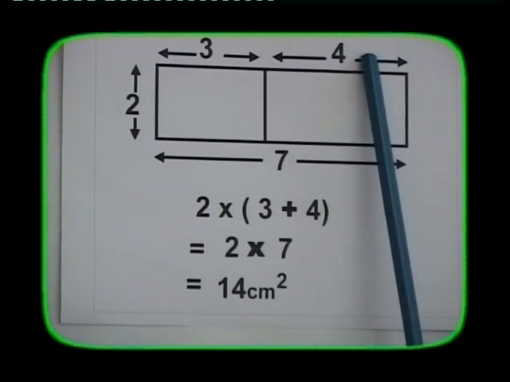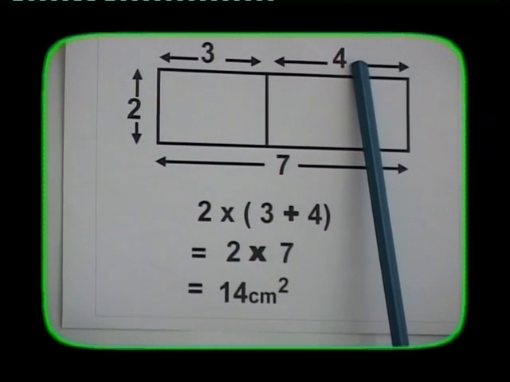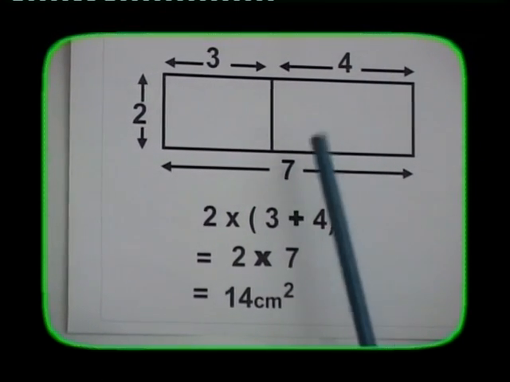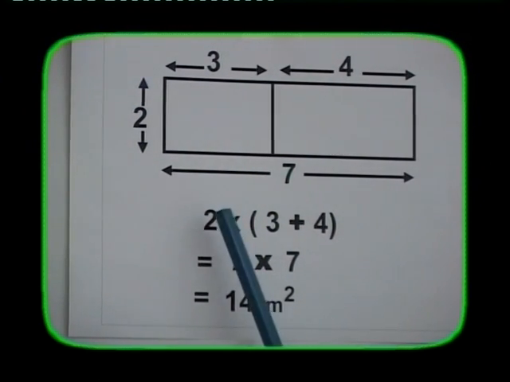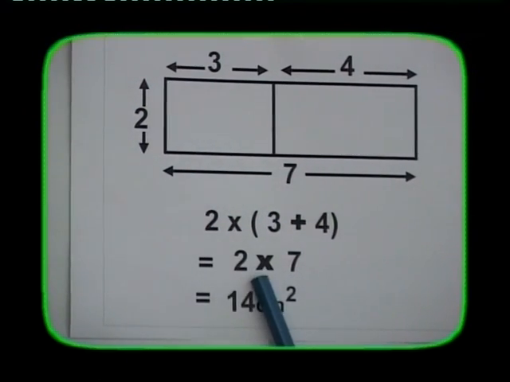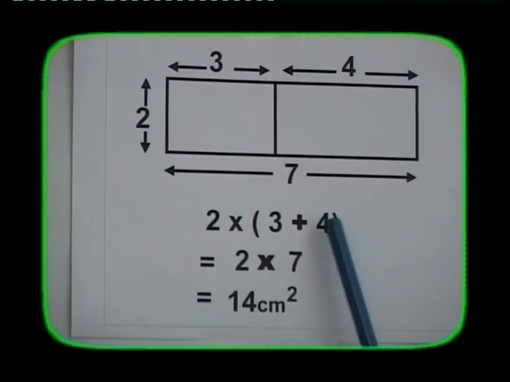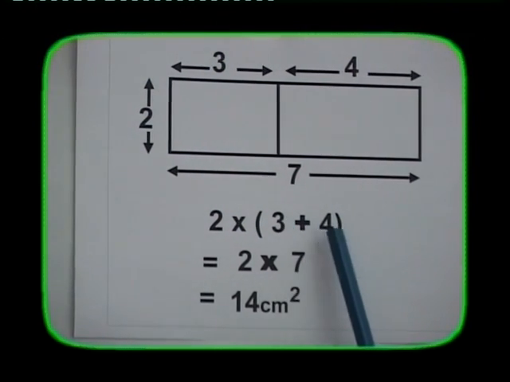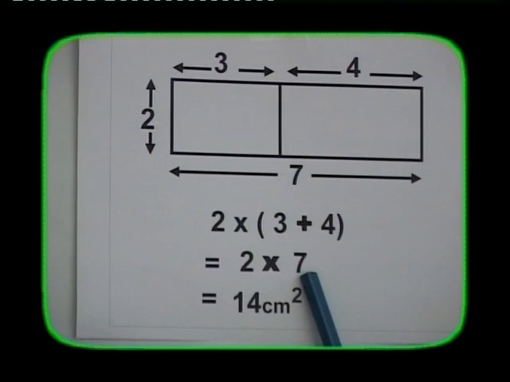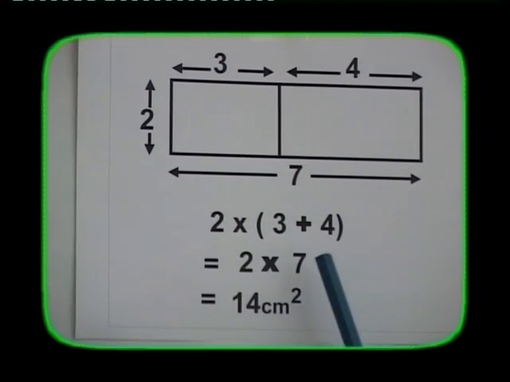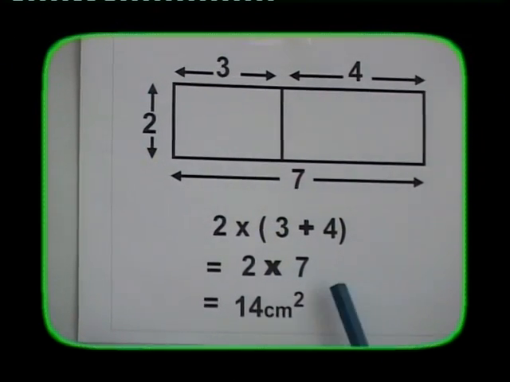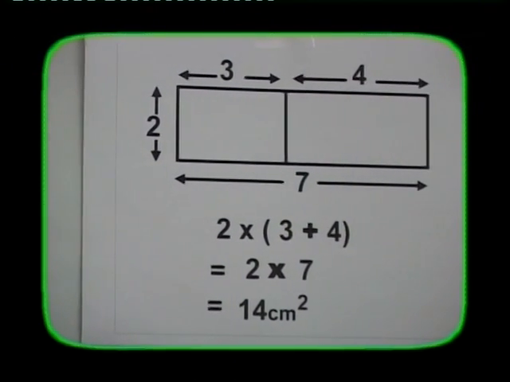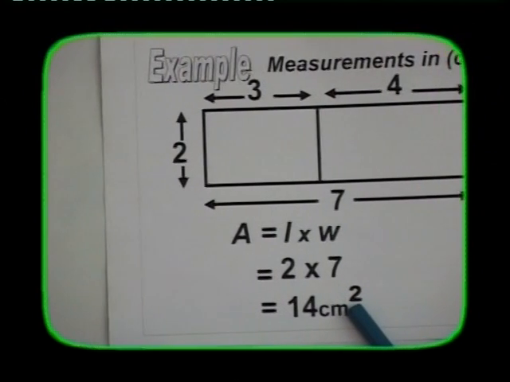When we add these two distances, it gives us the total distance of 7. So when you are expanding 2 times, we add the two numbers inside the bracket, which gives us 7. When we multiply 2 times 7, we still come up with the same answer as what we got from the first calculation.